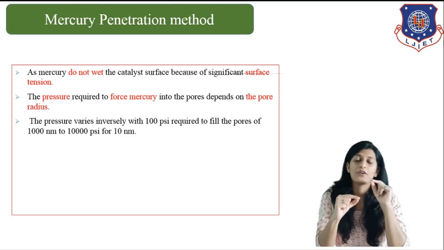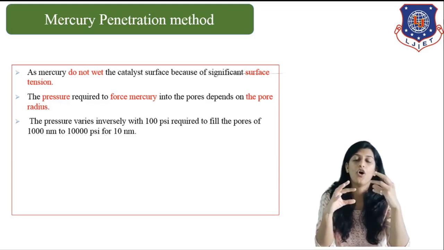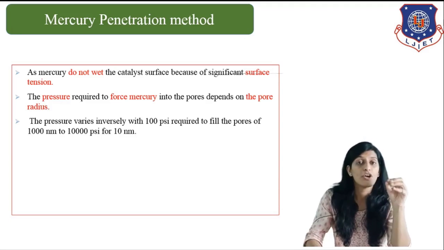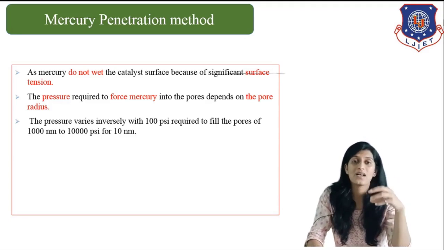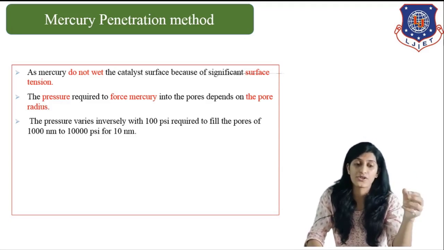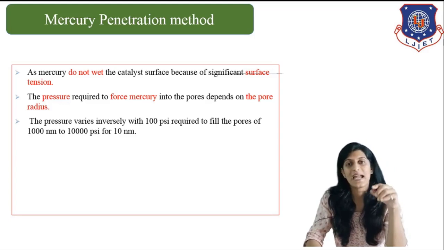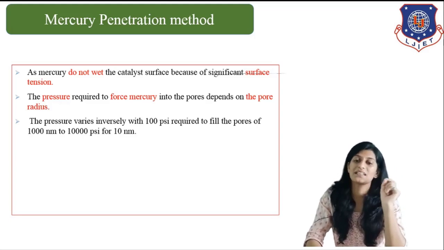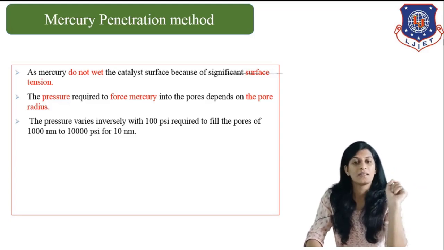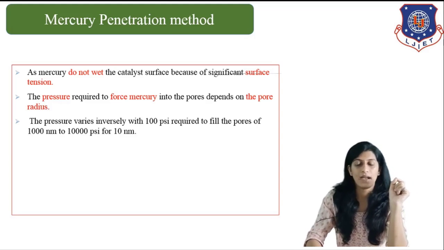If the opening of the pore is quite small, we require a large amount of force or pressure to make mercury penetrate inside that pore. Using this phenomenon only, this method has been adopted.